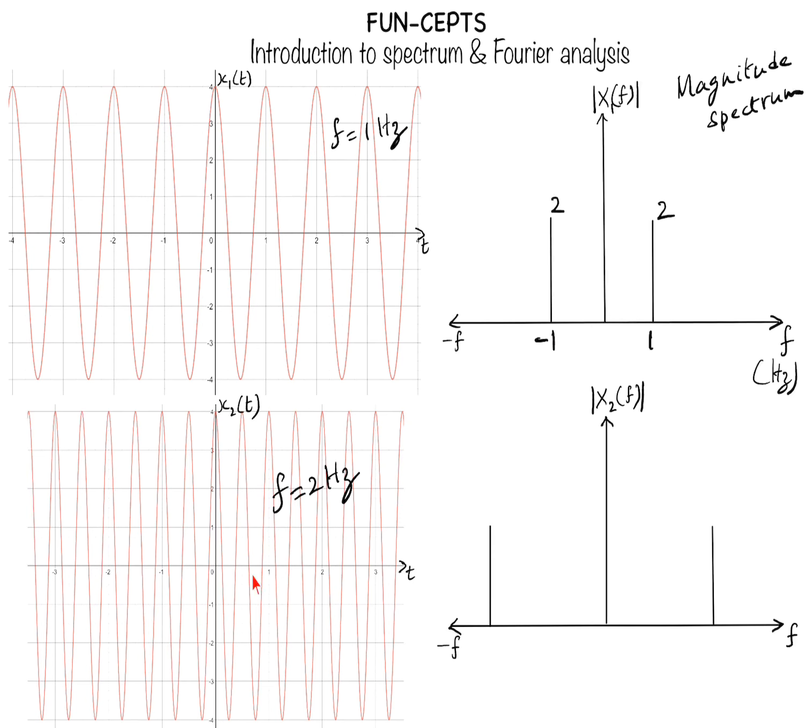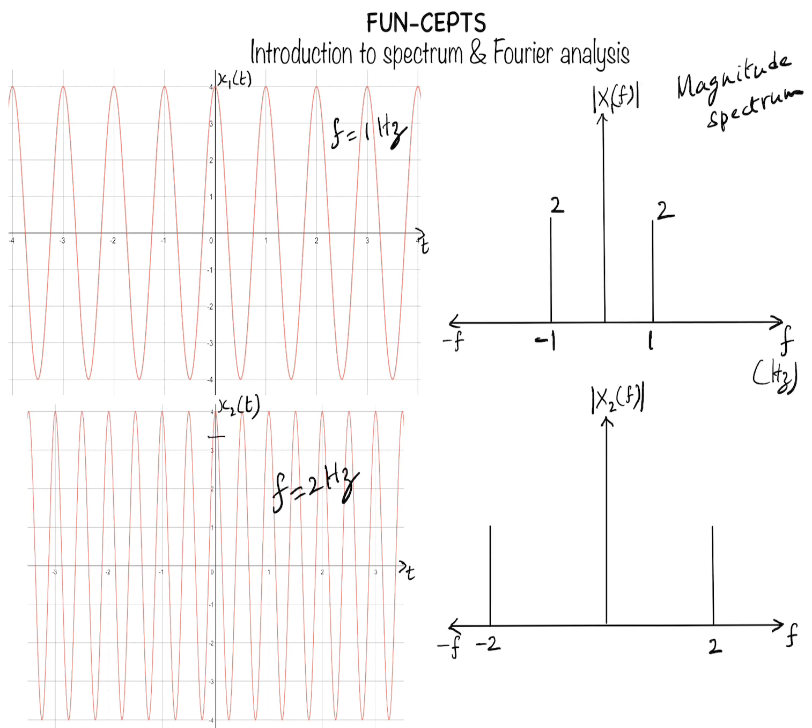Similarly, for the second signal x2 of t, whose frequency is 2 hertz, the spectrum will therefore have an impulse present at 2 hertz and a corresponding replica at minus 2 hertz. And what is the amplitude of each of these components?